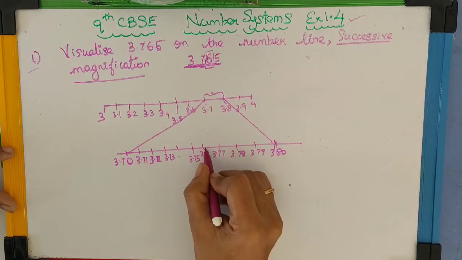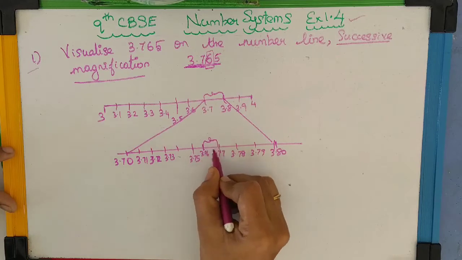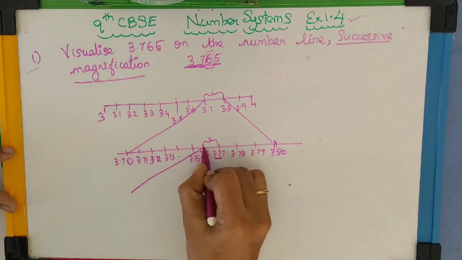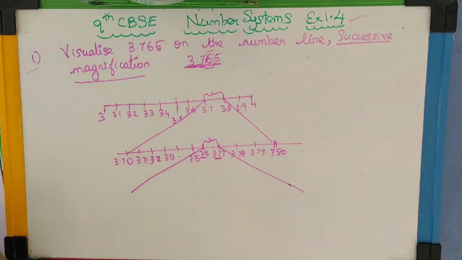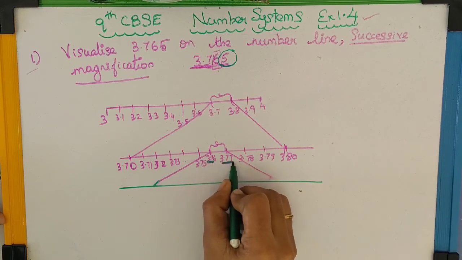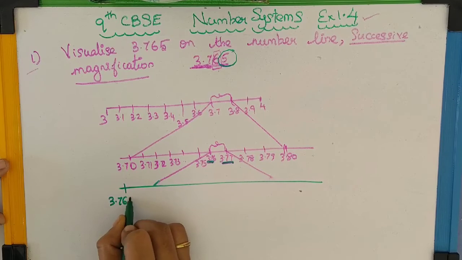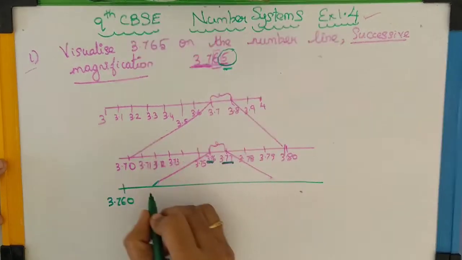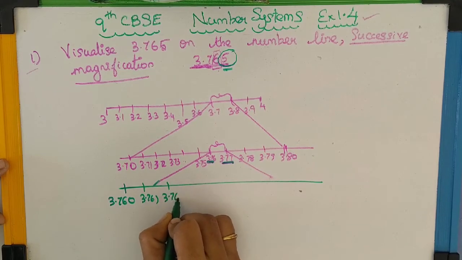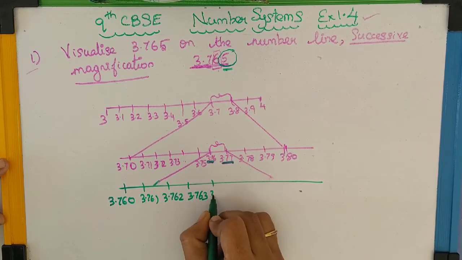Okay? Now 3.765 is not exactly at 3.76. It is somewhere between 3.76 and 3.77. Right? So we are going to magnify 3.76 and 3.77. So we are going to visualize the third decimal, that is 5. The range of the number line should be 3.760, 3.761, because we have to take the third decimal into account.